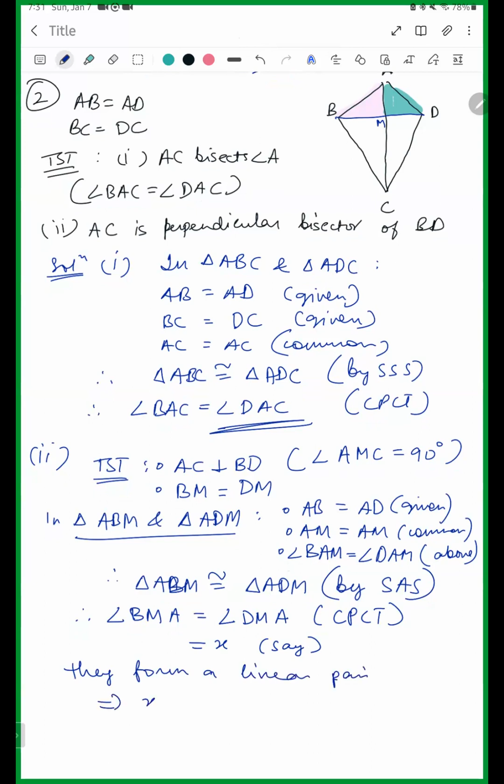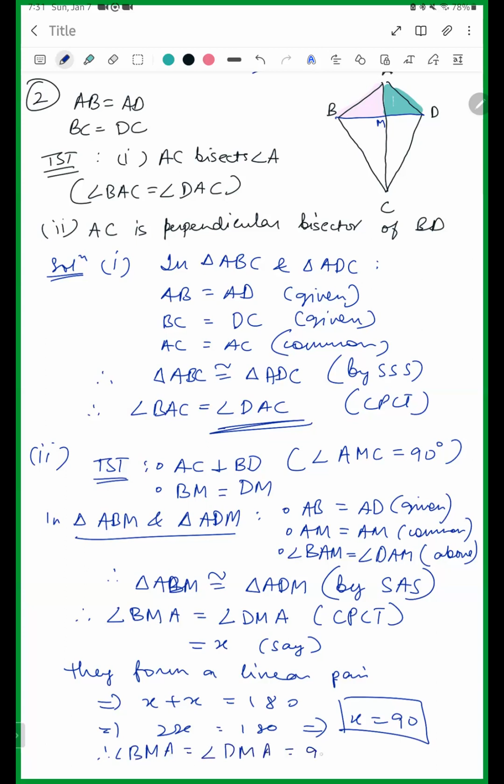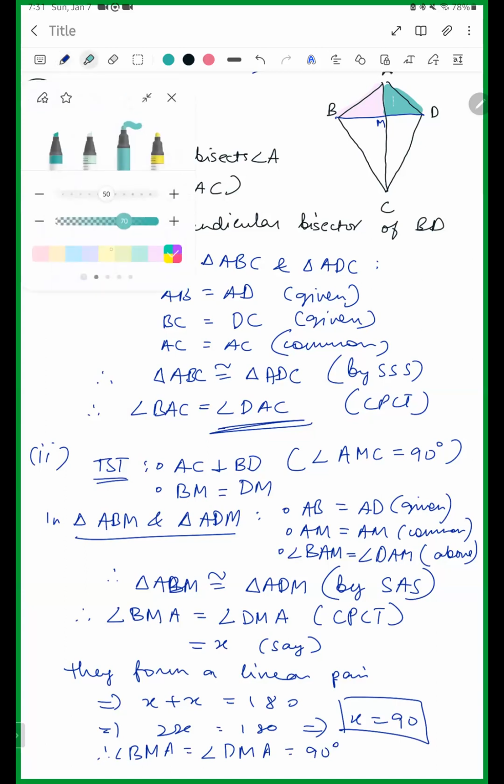That implies X plus X equals 180, so 2X is equal to 180, so X is equal to 90. Therefore, angle BMA is equal to angle DMA is equal to 90 degrees. So we have shown the first part, which is AC is perpendicular to BD.